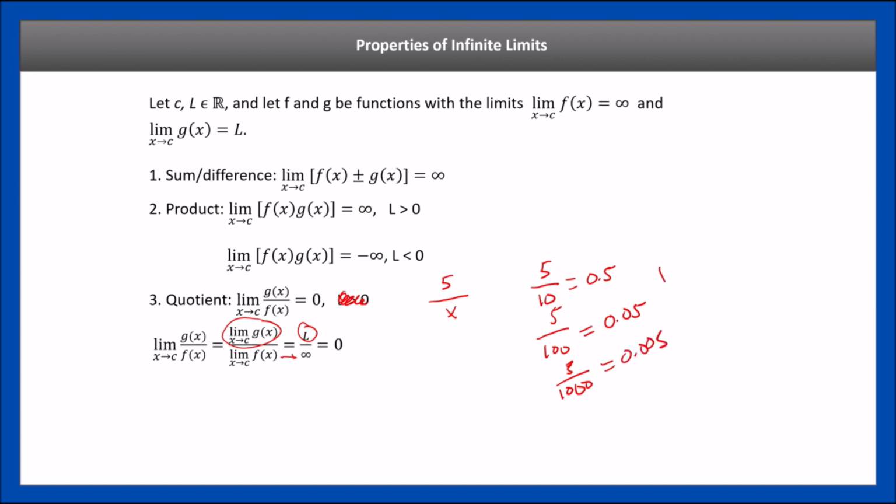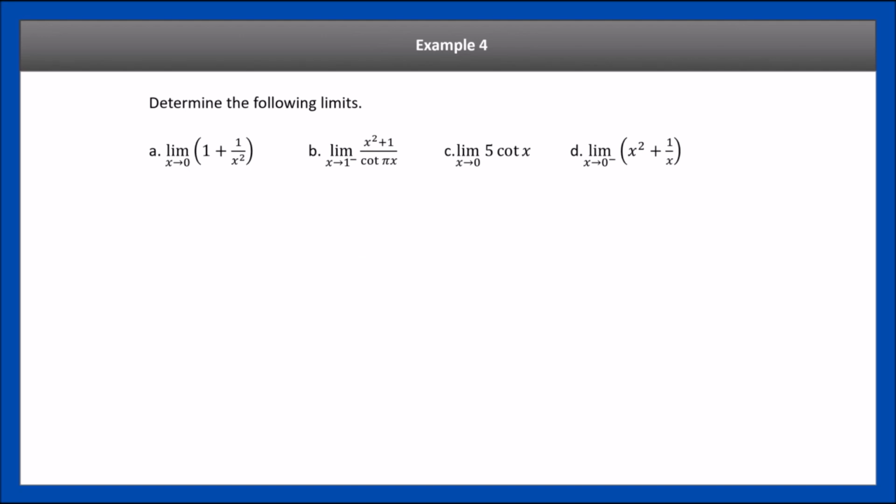So the number is approaching 0, getting smaller and smaller. Regardless of whether it's positive or negative, this works. Let's suppose we have a negative numerator. It's still going to approach 0. So for the quotient property, infinity on the denominator is going to give us 0.